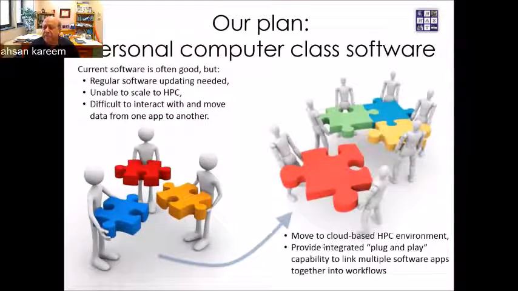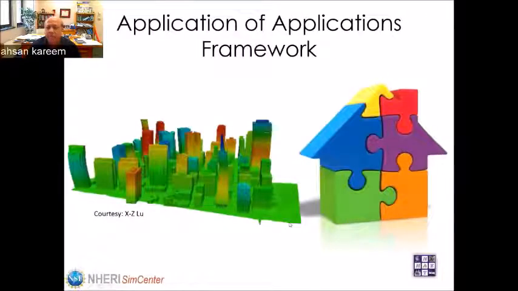But if you move to a cloud-based high-performance computing environment, it provides plug-and-play capability to link multiple software applications together into workflows. One example is an application of applications framework. Here is the whole thing, and these are the parts which will fit in at various places. Here is, for example, the San Francisco city model experiencing an earthquake.